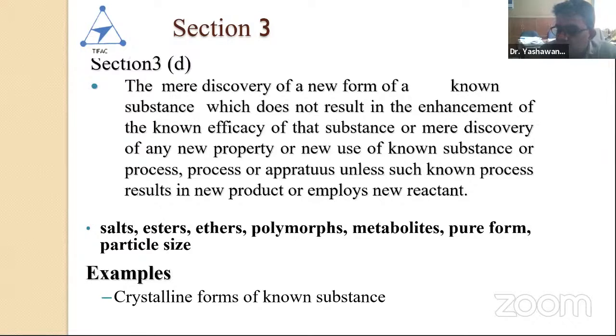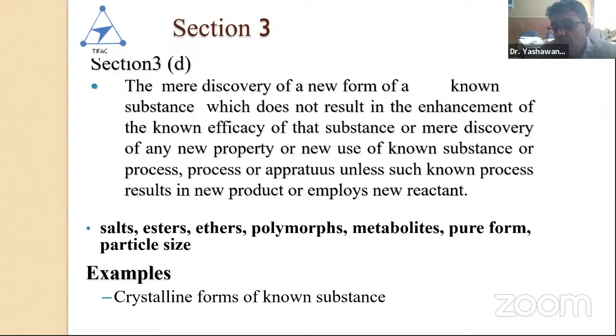Now, here again, art and craft is very important. We have to extract here what we can protect. Now we sit with the inventor and say, sir, material of this iron, merely changing the dimension of particle size is not patentable.